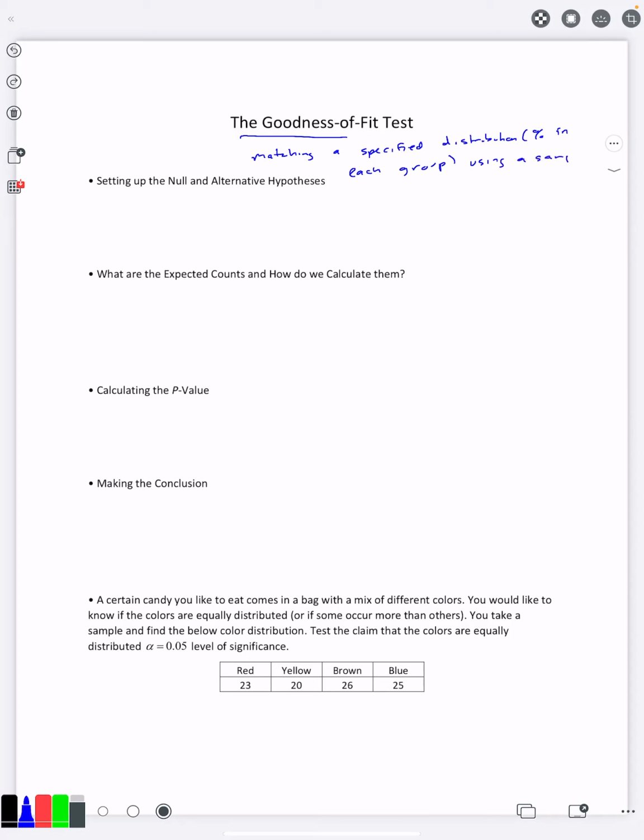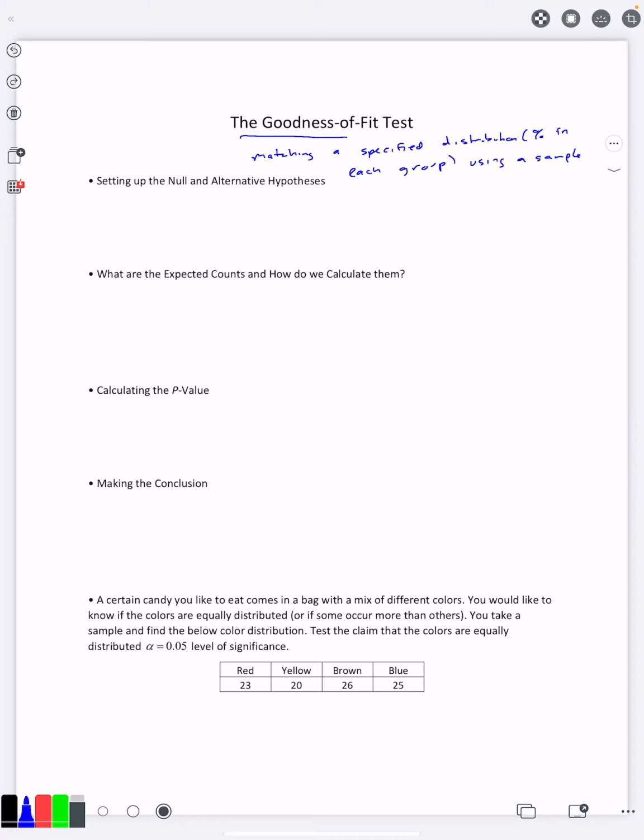So you take a sample and you're trying to see whether or not, based on this sample, things seem to line up well with the distribution. Is that distribution a good fit? Right? Is it a good fit based on the data we have? That's why it's called the goodness of fit test.